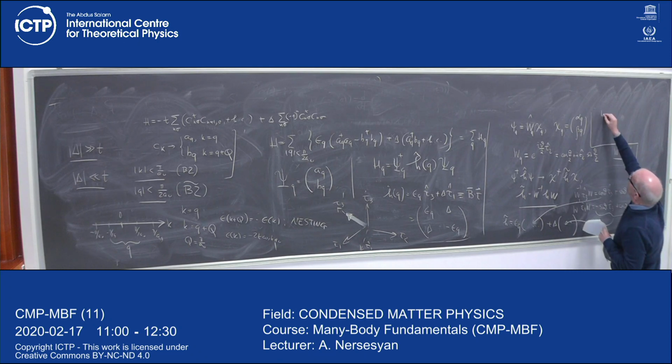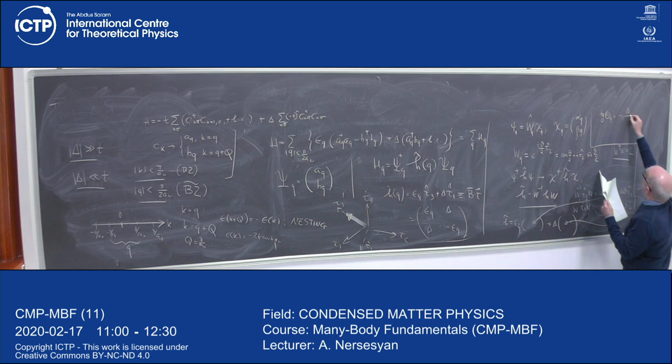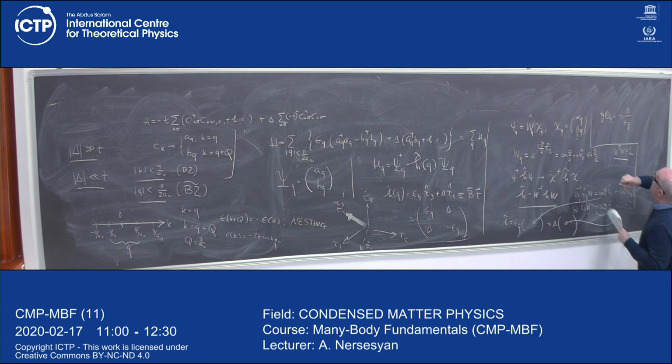And this appropriate value of theta is defined by the relation: tangent of theta of q is minus delta divided by epsilon of q. I would like to point out that this quantity is positive because the energy, cosine q a naught, which is measured by divided by 2a naught in this region, this quantity is negative.